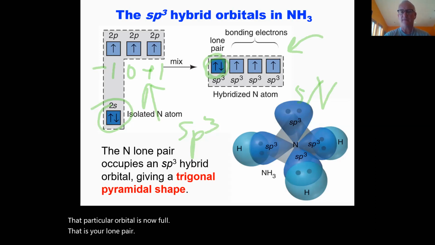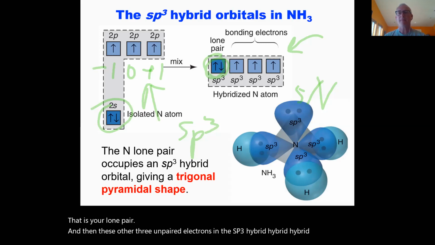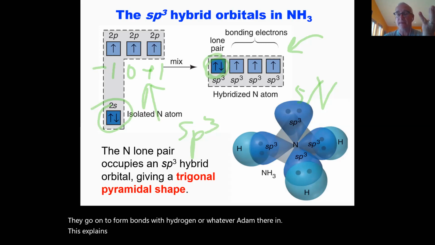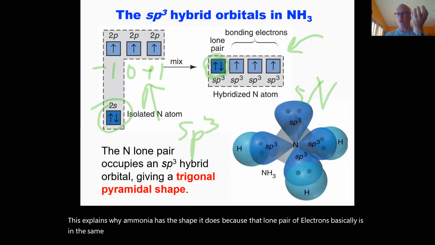And then these other 3 unpaired electrons in the sp3 hybrid orbitals, they go on to form bonds with hydrogen or whatever atom they're in. This explains why ammonia has the shape it does, because that lone pair of electrons is in the same orientation as the bonding electrons.